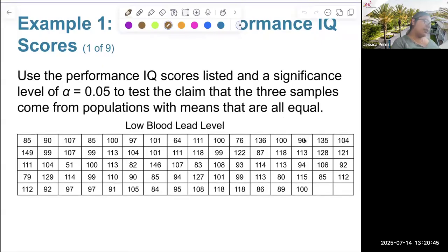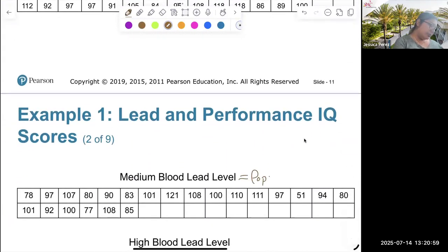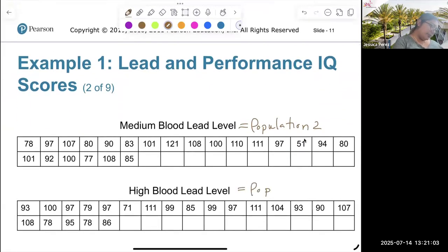We have in this example 3 different data sets: population 1, population 2, and population 3.